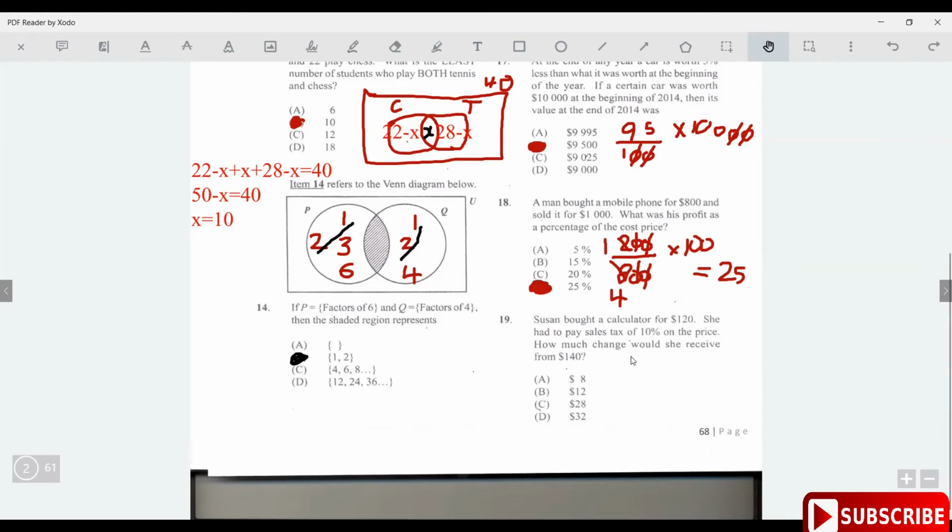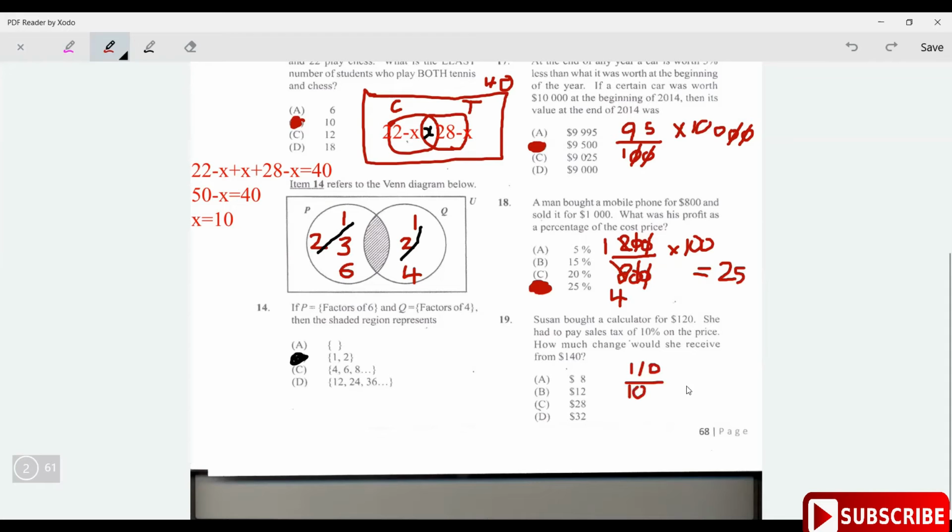So it says Susan bought a calculator for $120. She had to pay 10% tax on the price. How much change would she receive from $140? So remember, she bought a calculator for $120 and she's going to pay 10% tax. So they're going to put in the 10% on that 120. All right. So what she's actually going to pay is 110% of 120.